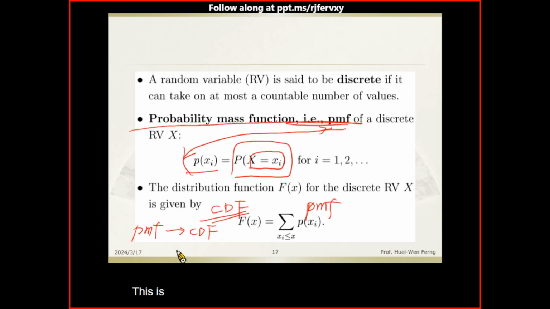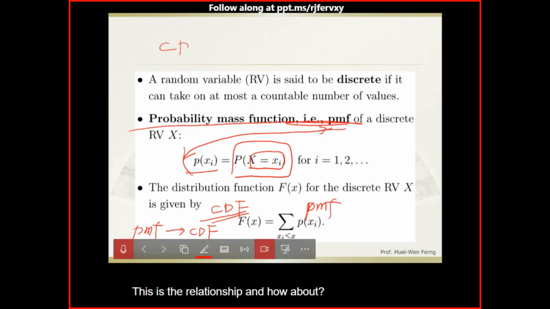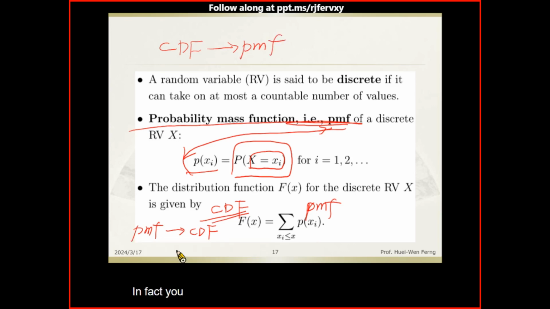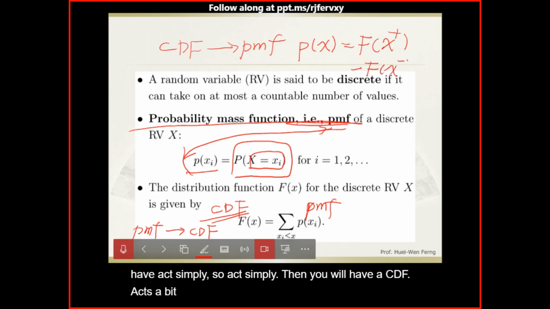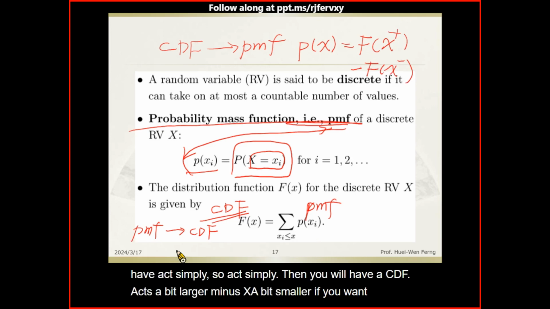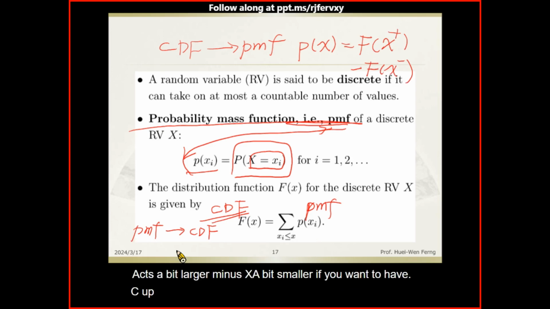And how about CDF to PMF? Well, in fact, you have this relationship. For example, take a point x. Then the PMF is the CDF at x, a bit larger, minus the CDF at x, a bit smaller. If you want to use the CDF to find the PMF, this is the relationship.